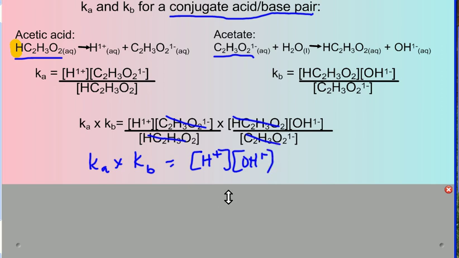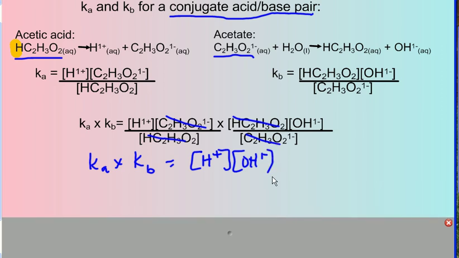And you've seen this before in our introduction to acids and bases, H plus times OH minus. You should be recalling what it is. That's Kw, which at STP is equal to 1 times 10 to the minus 14.